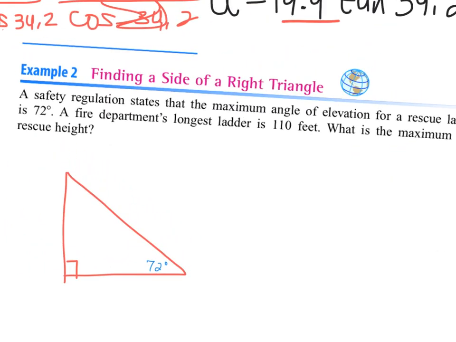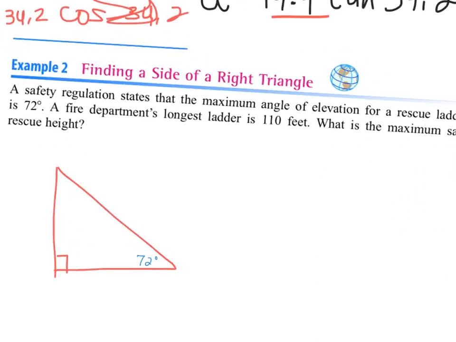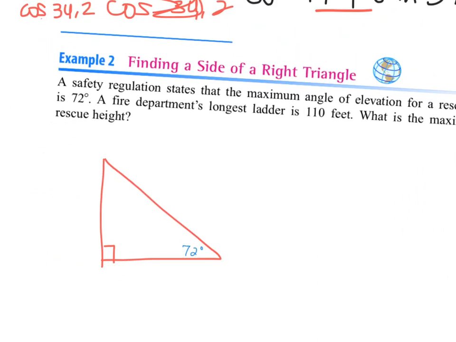Okay. Then I'm going to read, it says the longest ladder is 110 feet. Well, think about what we're talking about. This is the building, right? So if someone is in a burning building, in this picture, where is the ladder? The hypotenuse. This is my ladder.